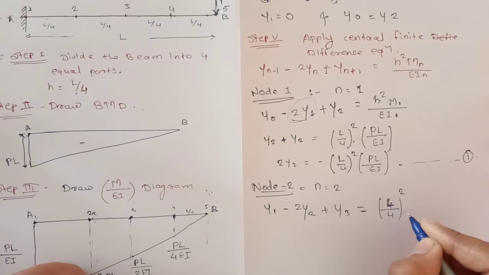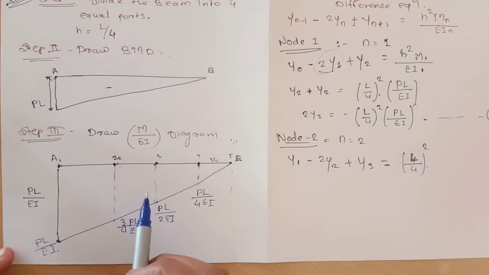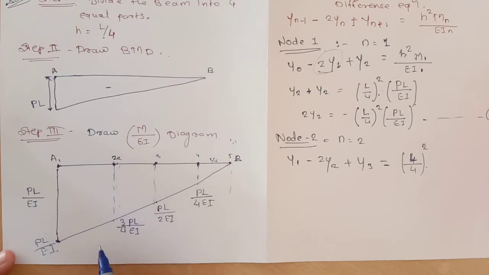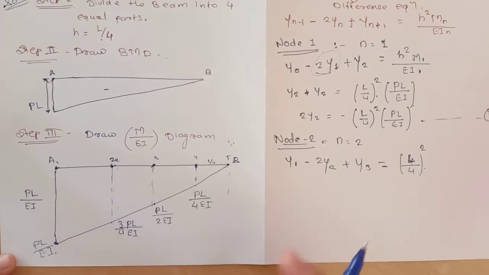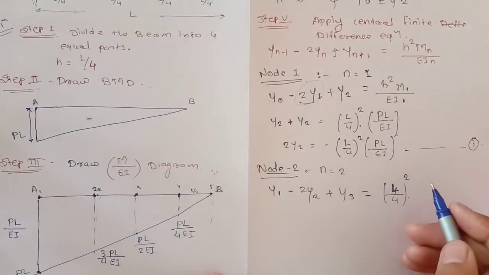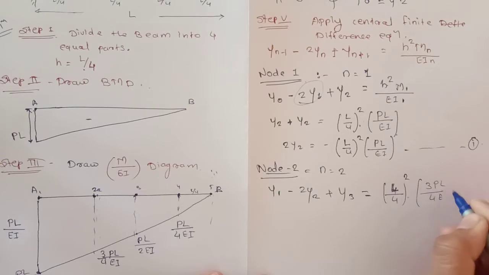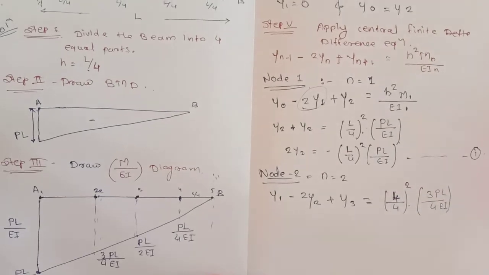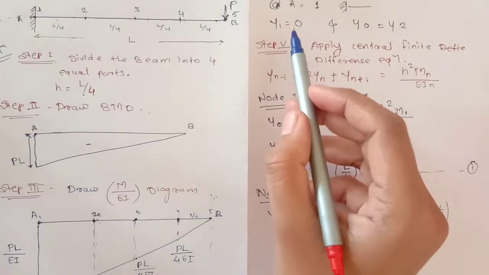h square into m2. So you can see here at point 2, that means second nodal point, the moment is 3PL divided by 4EI. So we know that y1 value is equal to 0.